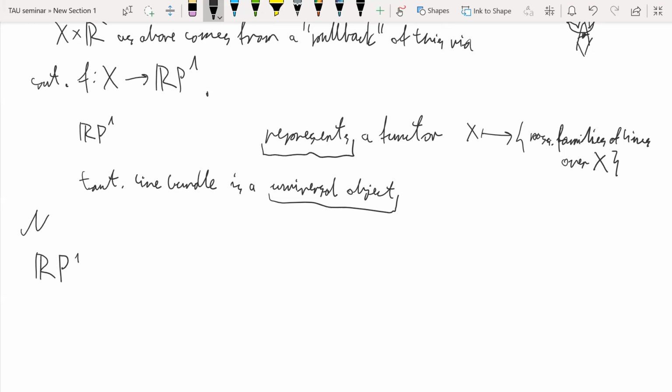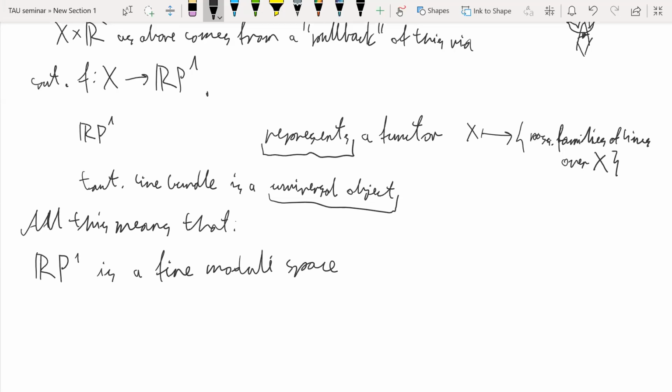so all this means that RP1 is what is called a fine moduli space for families, or for families of lines in a plane.